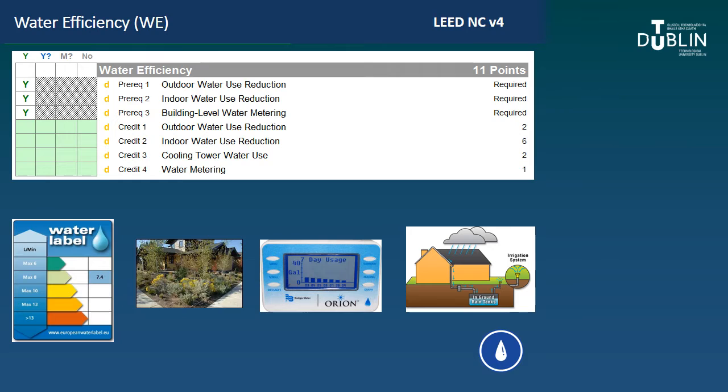This category works in some of these credits about achieving levels of reduction beyond a baseline, so below a set baseline. So depending on how far below that you reduce the water consumption depends on the equivalent number of credits.